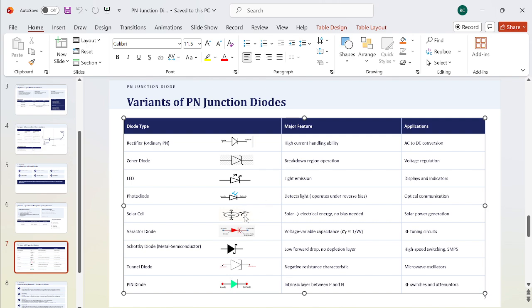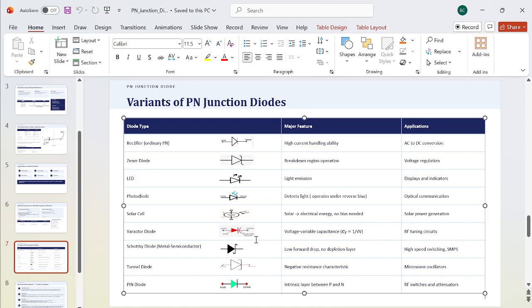So light is made incident upon this PN junction, and when the conditions are suitable, it converts solar energy into electrical energy. Now here is another variant of the PN junction, which is known as the varactor diode, which utilizes the voltage variable capacitance property of the PN junction diode.